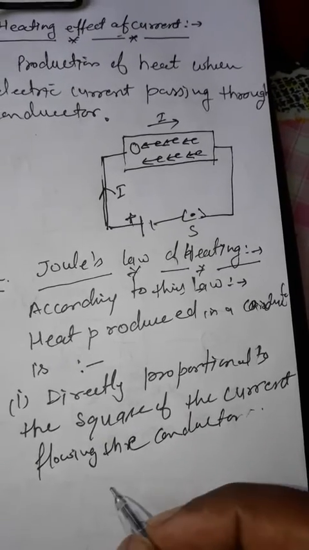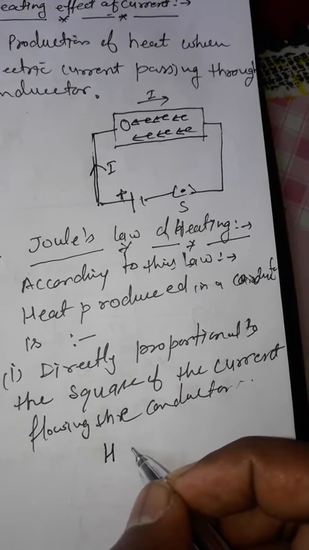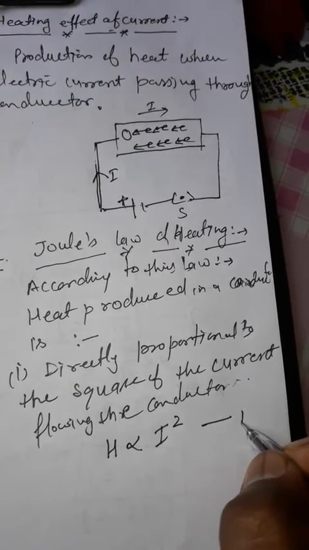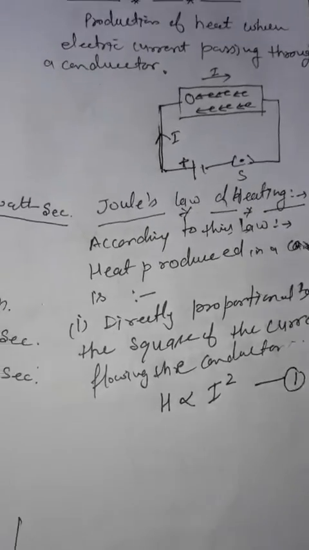So we can write H, that is heat produced, is directly proportional to the square of the current. Say it is equation 1.